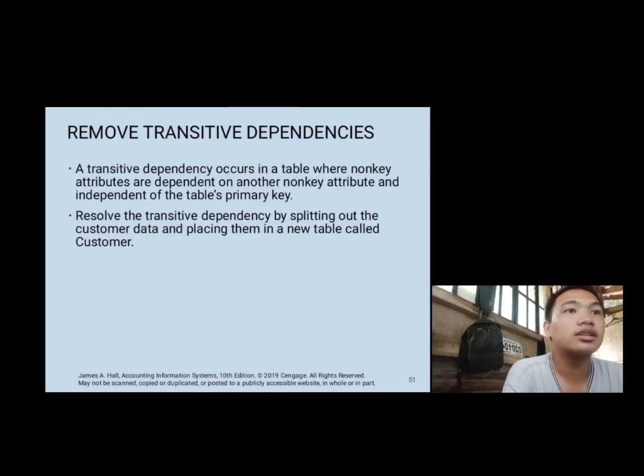Next, remove transitive dependencies. A transitive dependency occurs in a table where non-key attributes are dependent on another non-key attribute and independent of the table's primary key. Resolve the transitive dependency by splitting out the customer data and placing them in a new table called customer.